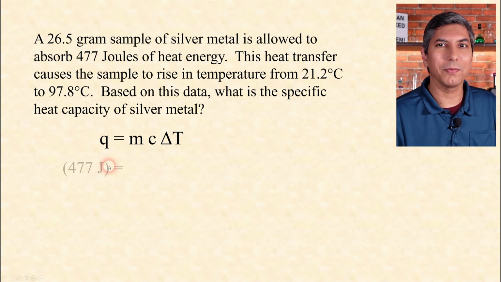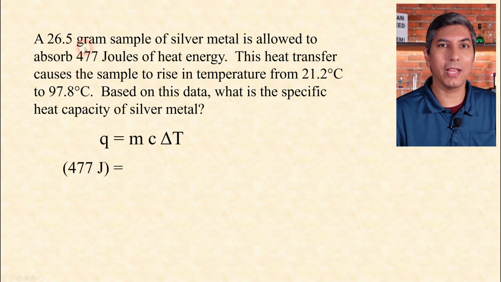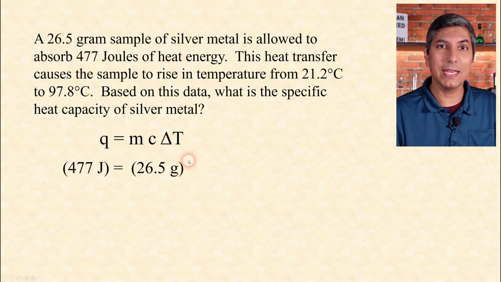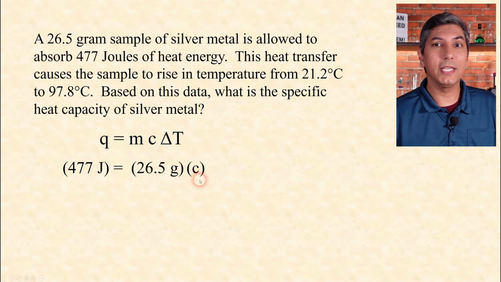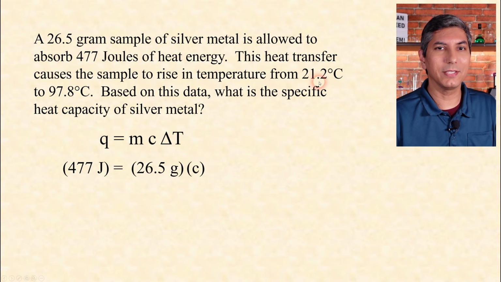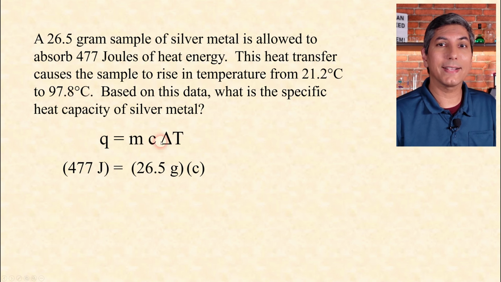That's our value for Q. M is the mass. That's 26.5 grams. We don't know the specific heat capacity, so C is the unknown. Delta T is the change in temperature. Since it goes from 21.2 degrees Celsius up to 97.8 degrees Celsius, that's a change of positive 76.6 degrees Celsius.